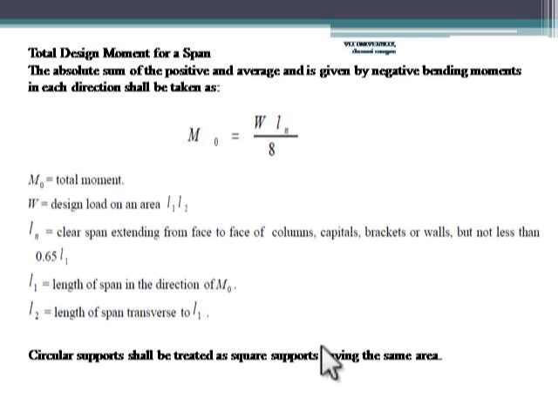This is given in page number 55 of IS 456, where MO is the total moment, W is the design load on an area L1 L2, where Ln is the clear span extending from the face to face of column capital or walls, but not less than 0.65 L1, where L1 and L2 are the lengths of the span.